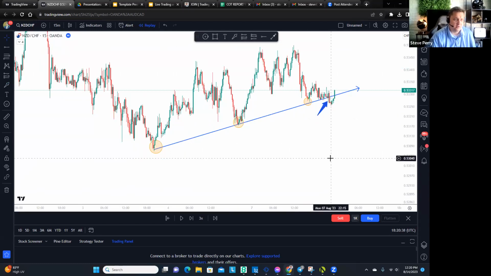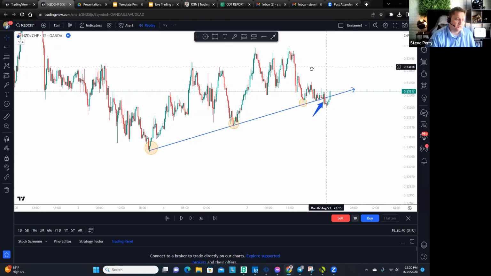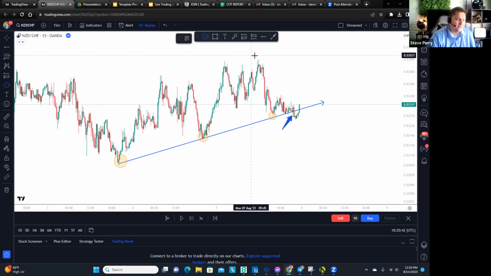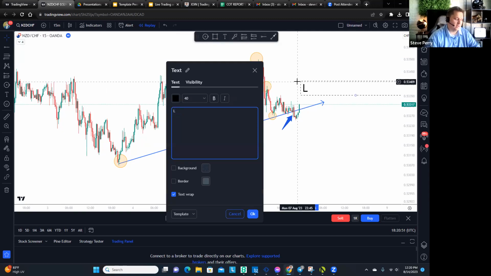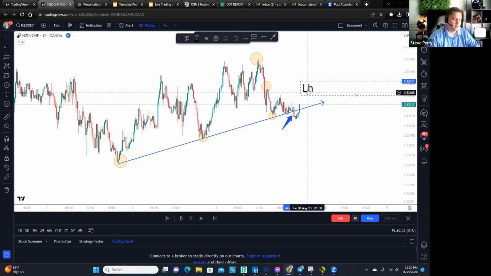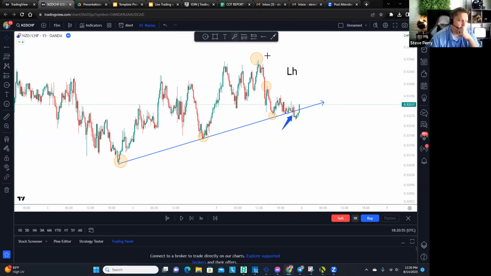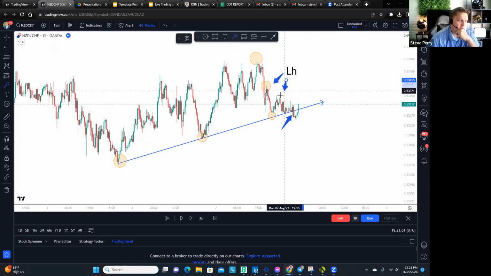It's a break of structure. What else do we have going on? You have an apex high up here, and then you start to form lower highs. You've got a lower high, LH, right here. Actually, a series of them.